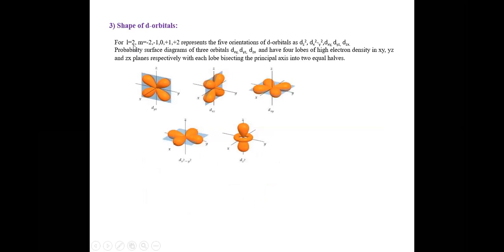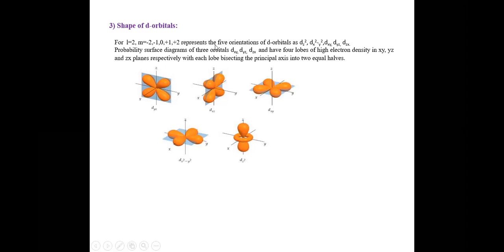For l equal to 2, m is equal to minus 2, minus 1, 0, plus 1, plus 2. This represents that there will be 5 orientations, for the quantum number values minus 2, minus 1, 0, plus 1, plus 2.